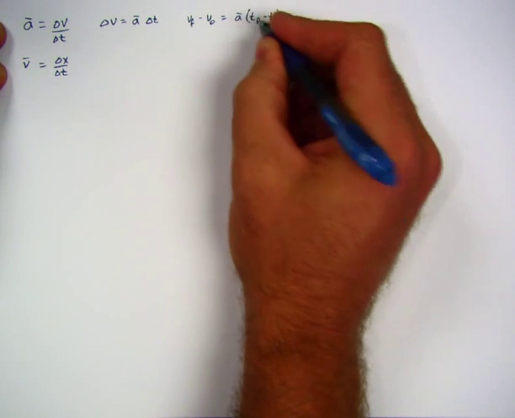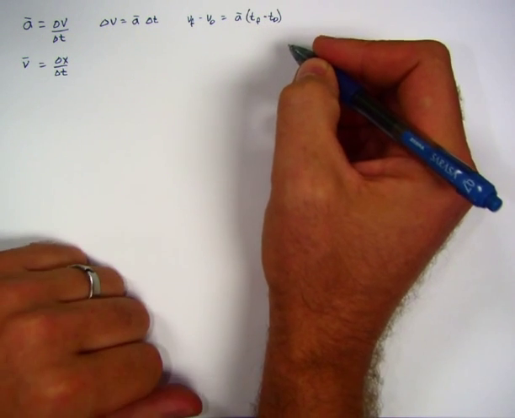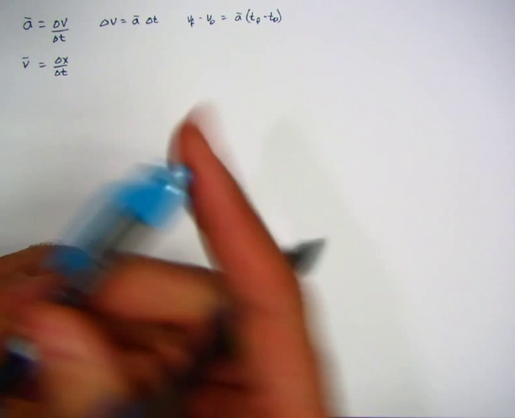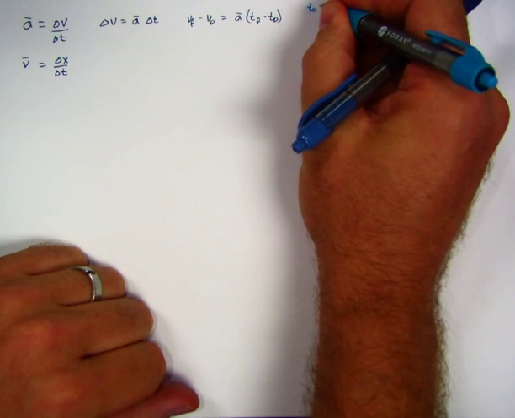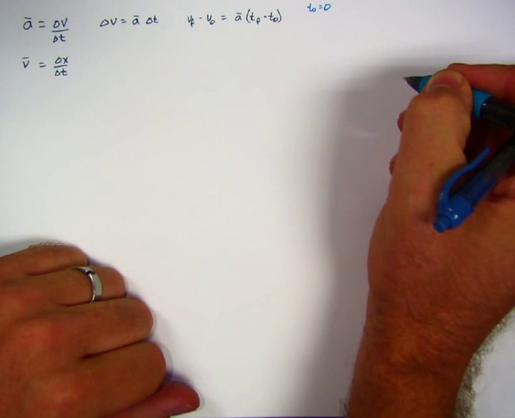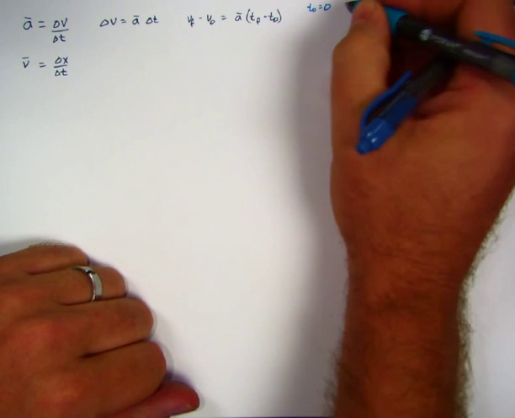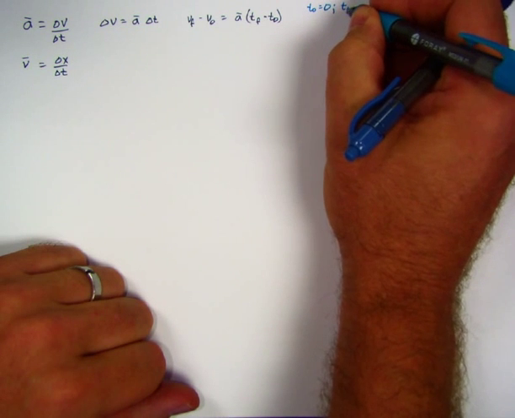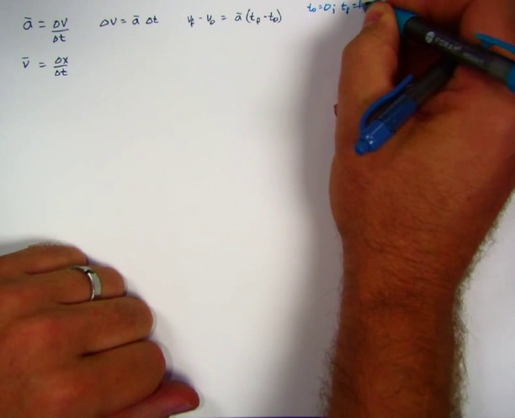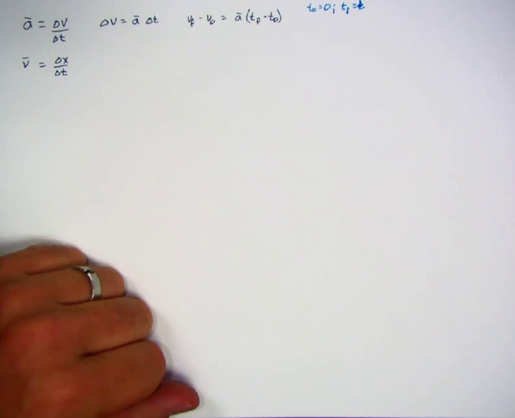And then one of the things we'll do is stipulate here that the initial time, t0, equals 0. That just means we start our stopwatch at the beginning of the problem, and that allows us to get rid of the subscript, so the final time will just always be listed as time.